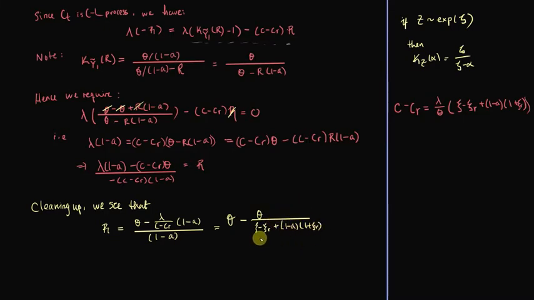And we also have to remember to multiply by the 1 minus a, and then we divide this entire thing by 1 minus a. And what does that give us?